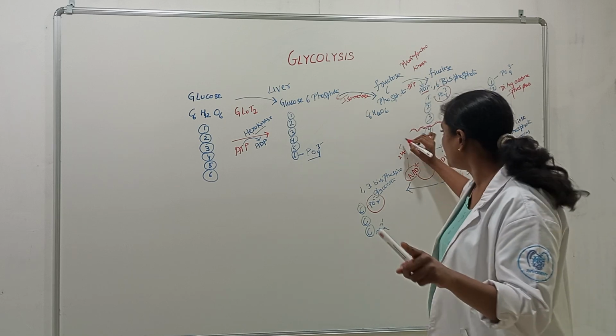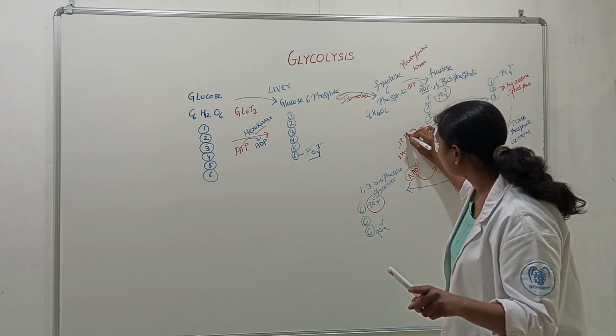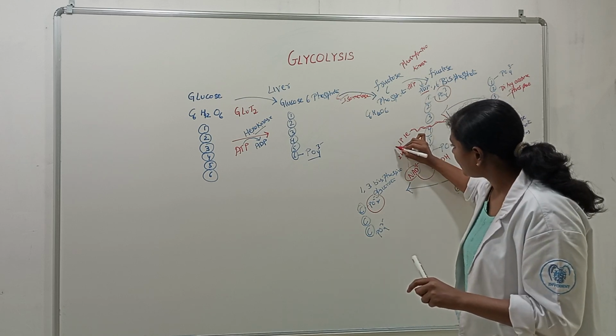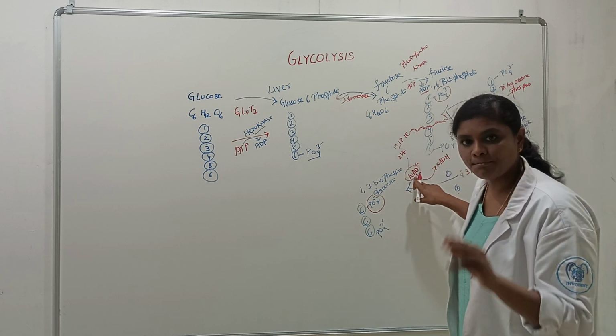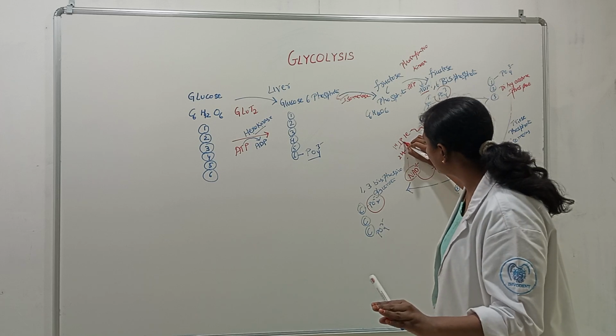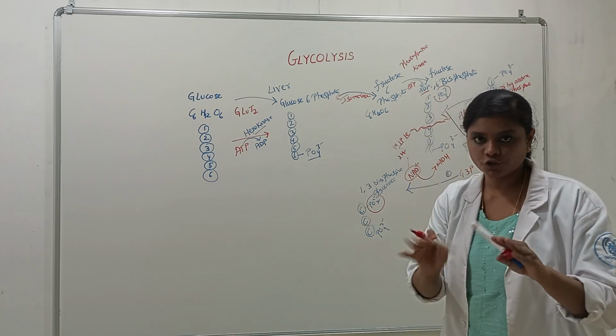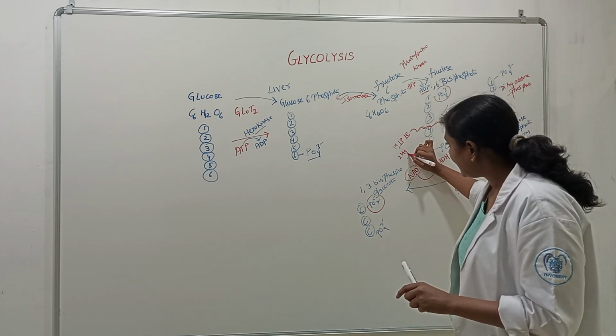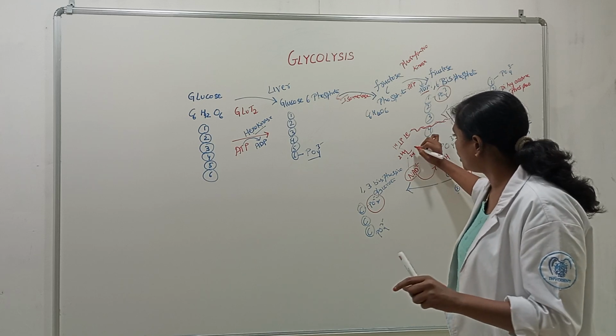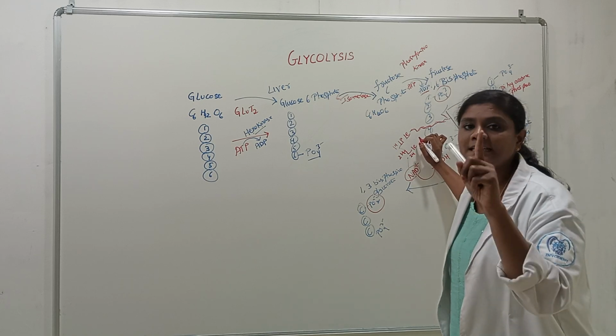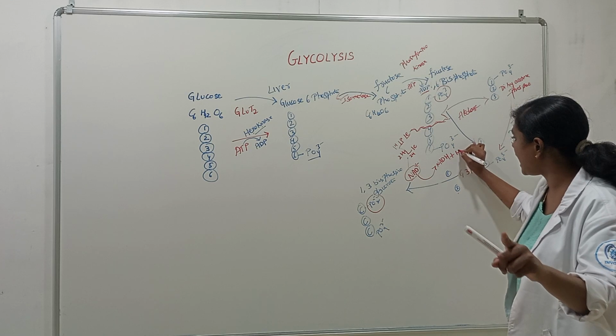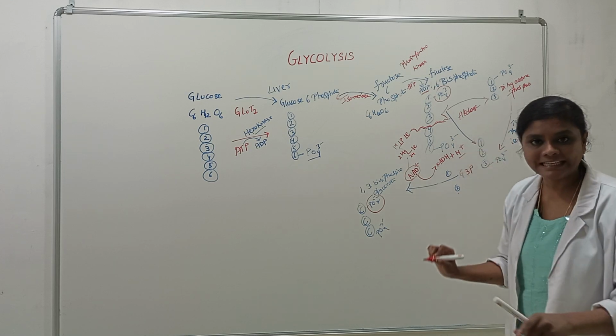A hydrogen contains 1 proton and 1 electron. So, from the first hydrogen, NAD plus takes up the complete proton and electron. Then from the second hydrogen it takes up only the electron, leaving behind the proton freely.